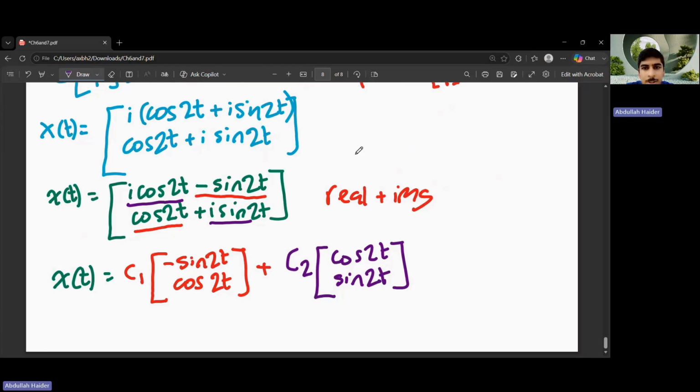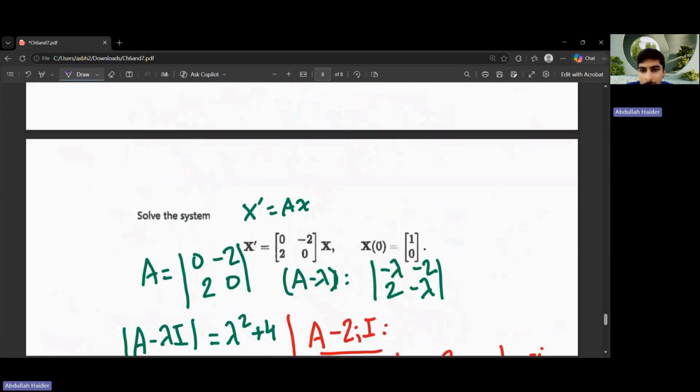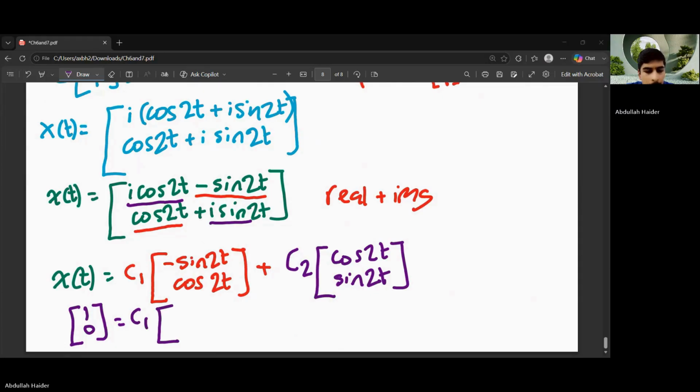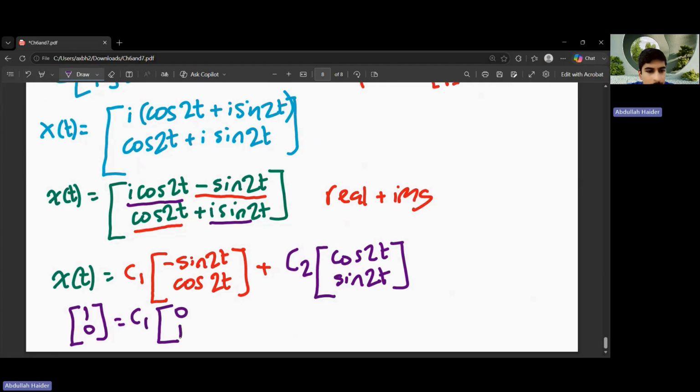Now we have our initial condition, x of 0 equals 1, 0. If I substitute t equals 0, C1 times 0, 1, plus C2 times 1, 0.